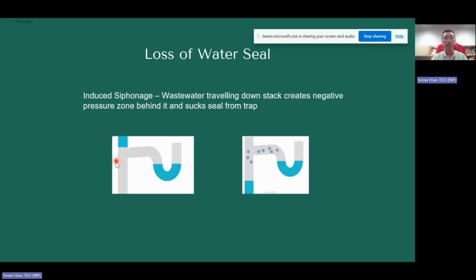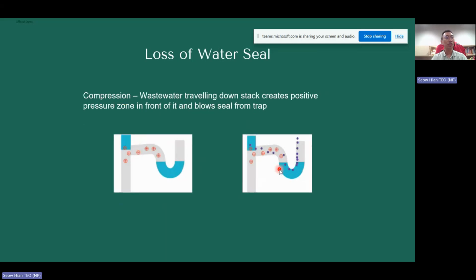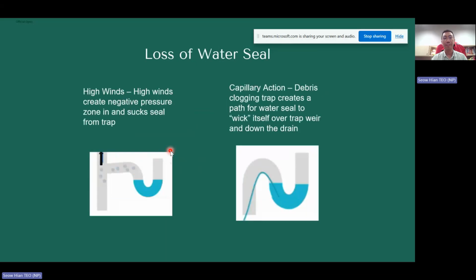So loss of water seal happens when wastewater travels down, creating some negative pressure, and sometimes it sucks out the seal of the trap. Over-compression will also cause wastewater to be stacked down and create positive pressure in front, so that it blows the seal of the trap.